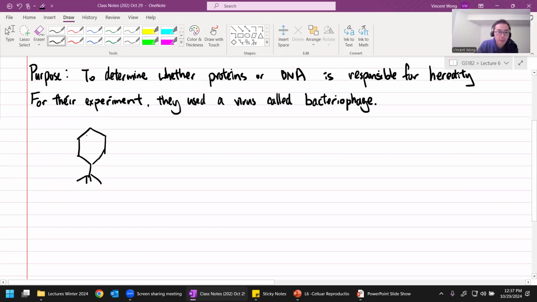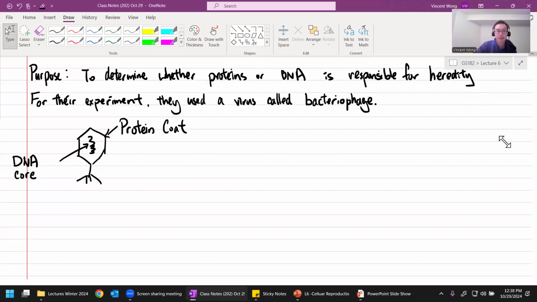There is a protein coat, and inside the protein coat there is some DNA. It's a DNA core. So that's basically the bacteriophage. And the bacteriophage, they don't infect humans, they only infect bacteria. So it's relatively safe to handle.